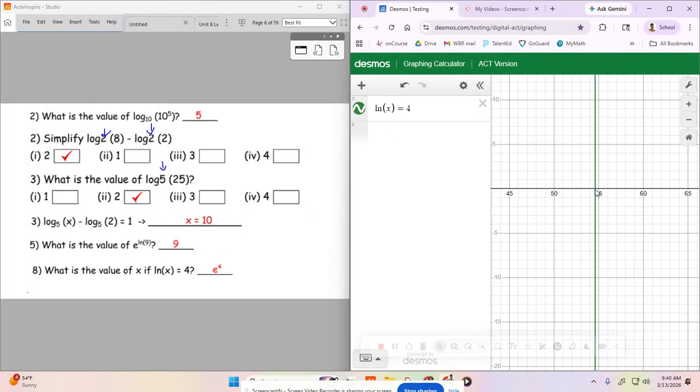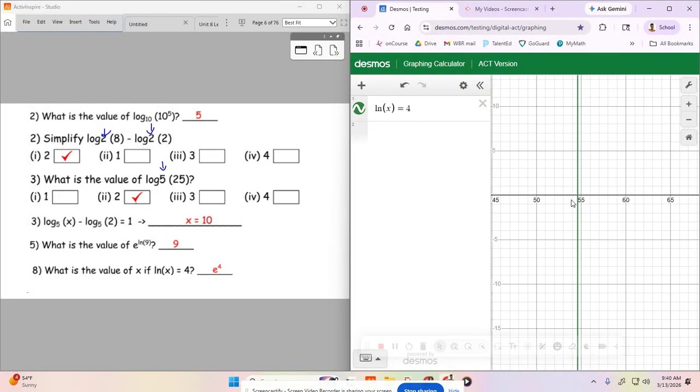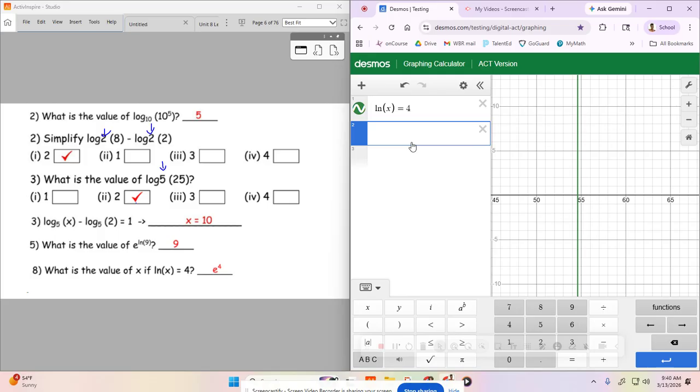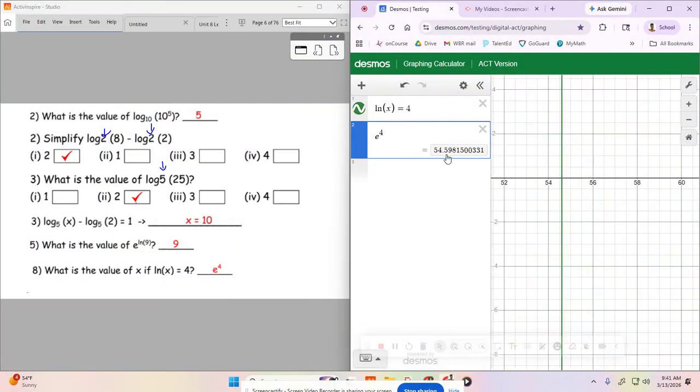All right, so here is where it's at. Keep in mind on the ACT you have multiple choice options. So once I see that line, I'm going to see if I can come close with e raised to the 4th. Does that look like it's at 54.59?